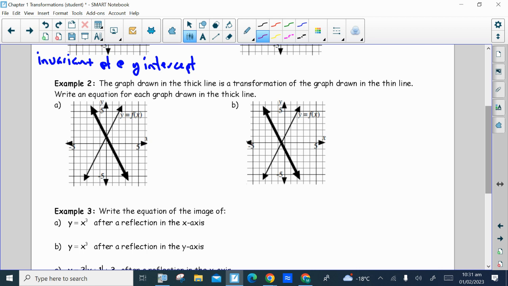However, remember that the invariant points are on the line of reflection. So in the case of question A, the invariant point, the point that didn't change, would be right there. So therefore, because that's the y-intercept, that means the graph reflected over the y-axis, because that's where the invariant point is. So in this case here, we had a reflection over or across the y-axis.